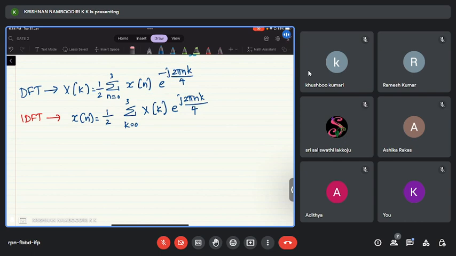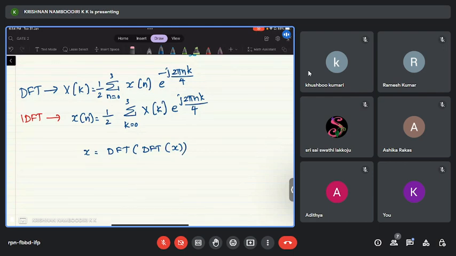Accordingly, the energy relation, Parseval's theorem, everything will change if you adjust this 1 by root n. But anyway, we will stick to the question. For solving this question, this 1 by root n has to be outside because we are taking DFTs consecutively 2 times. So we need to find an X such that DFT of X equal to X.